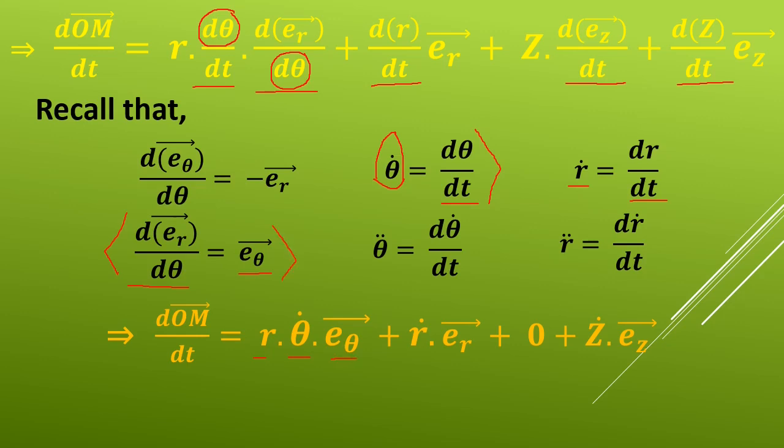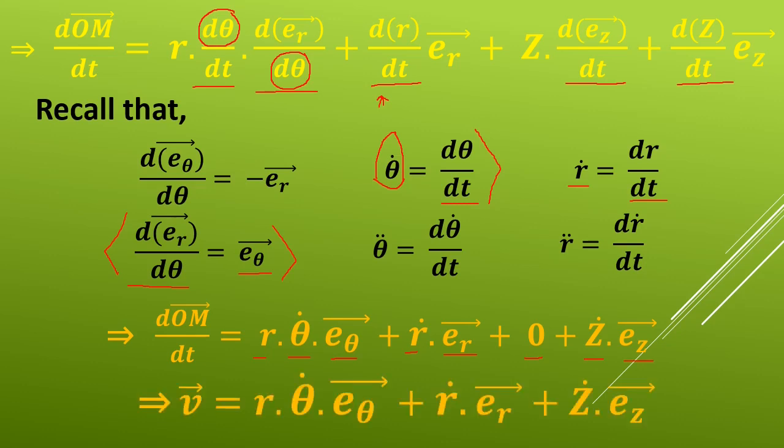So that's why we have e_theta here, and this expression here is equal to r dot from Newton's dot notation, and your e_r is maintained, while the derivative of e_z, which is a constant, gives 0, and when multiplied by z it still gives us a 0, and the derivative of z with respect to time from Newton's dot notation gives us z dot, and our e_z is maintained. And so this is the final expression of the velocity of the particle M in cylindrical coordinates.